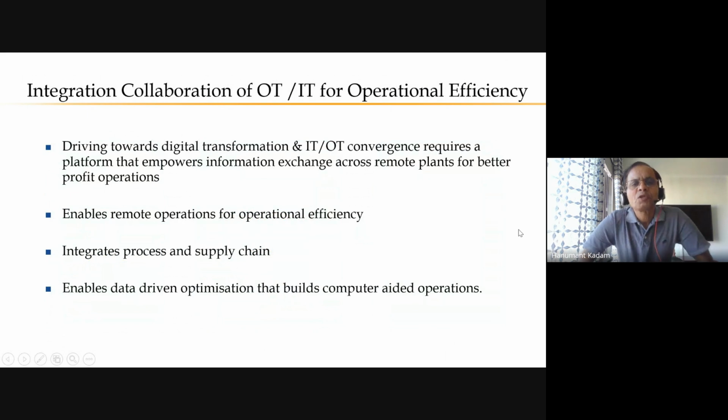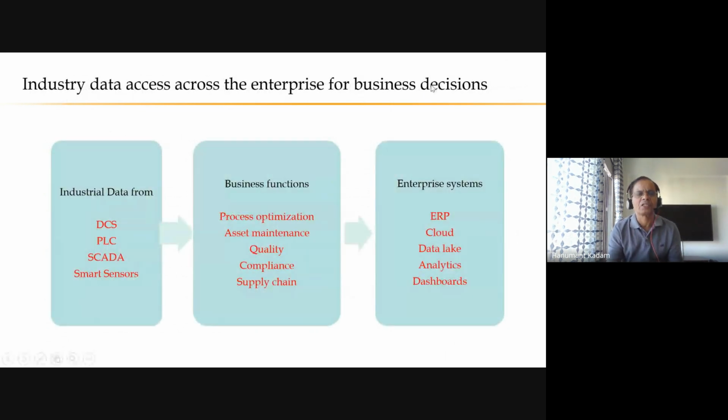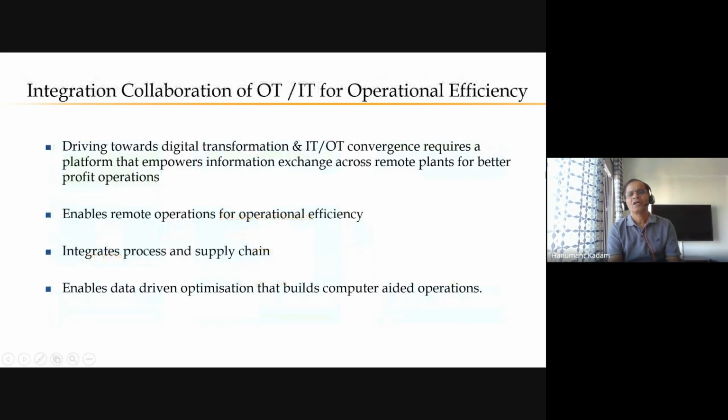Now, first we'll see the benefits of OT and IT. OT means operation technology, which is DCS, PLC, SCADA, and IT means information technology, which is ERP, cloud and these solutions.